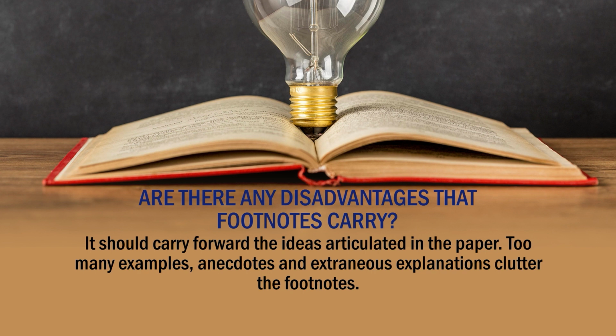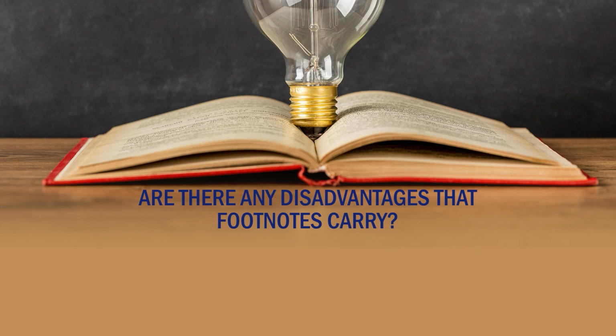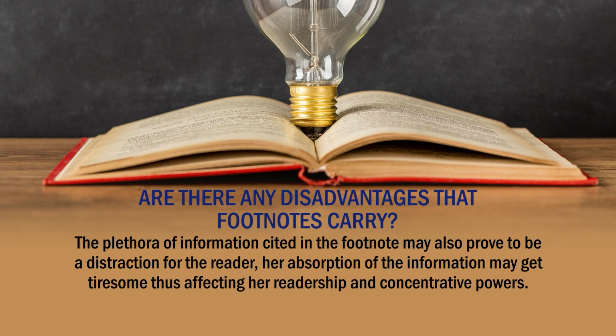Too many examples of anecdotes and extraneous information clutter the footnotes. The plethora of explanations cited in the footnote may also prove to be a distraction for the reader. Her absorption in the information may get tiresome, thus disrupting her readership and affecting her concentrative powers.